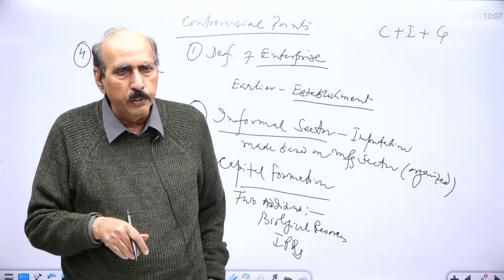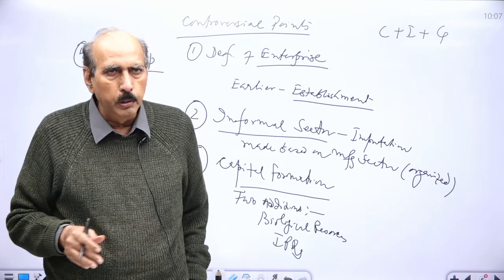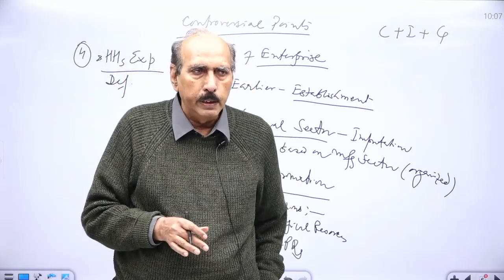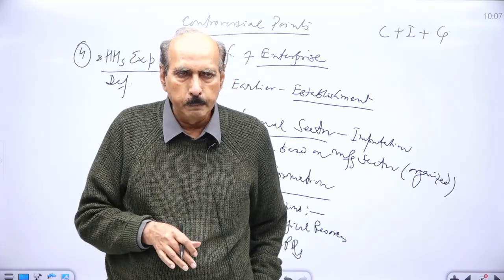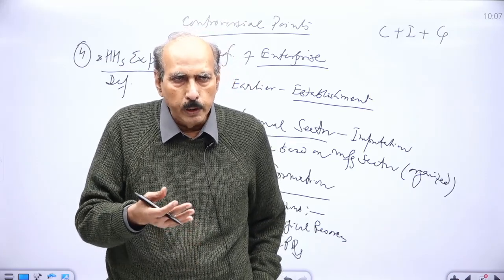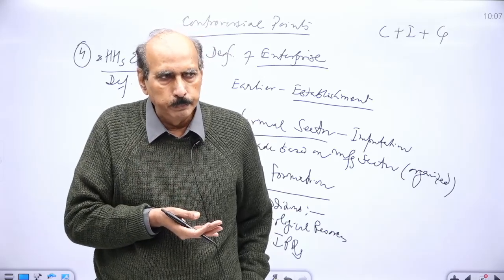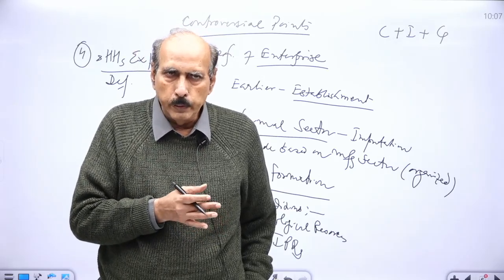But in the revised definition, any accumulation done by the households in the form of jewelry is treated as their capital expenditure. And therefore, the quantum of capital expenditure has increased. Getting your point?